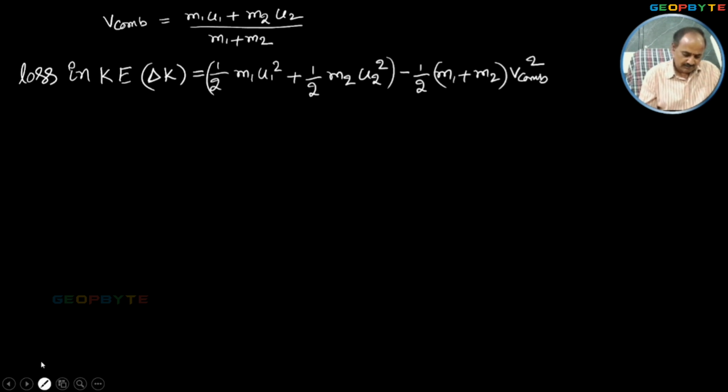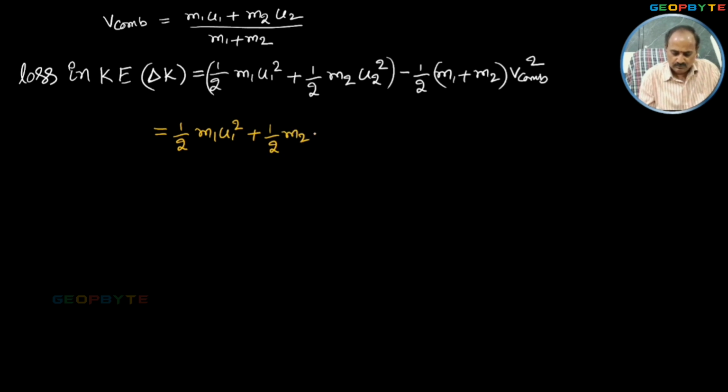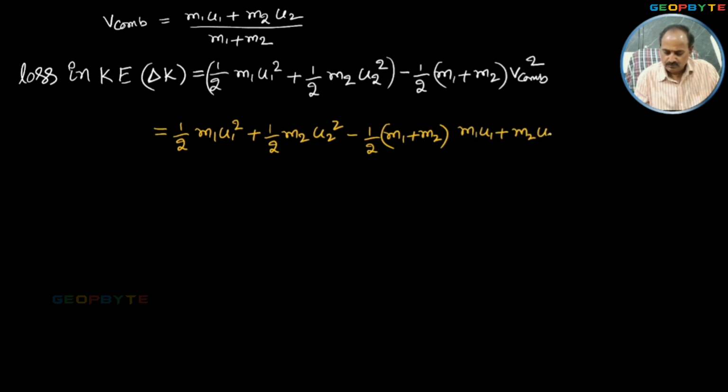In the place of v combined, it is equal to half m1 u1 square plus half m2 u2 square minus half m1 plus m2 into m1 u1 plus m2 u2 divided by m1 plus m2 whole square.